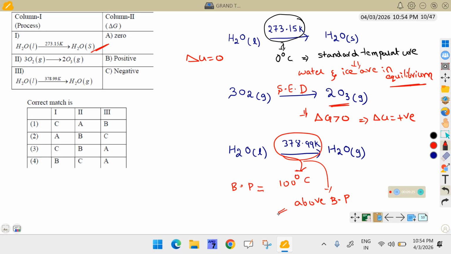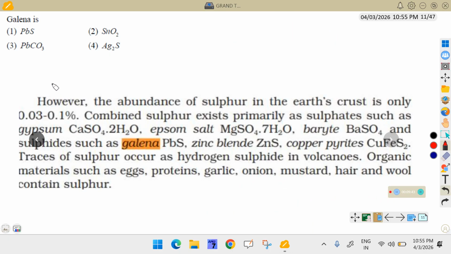Above boiling point, the reaction is considered a spontaneous reaction and the value of delta G is negative. This is positive and this is negative. A, B, C. Second option correct. Galena is PbS.